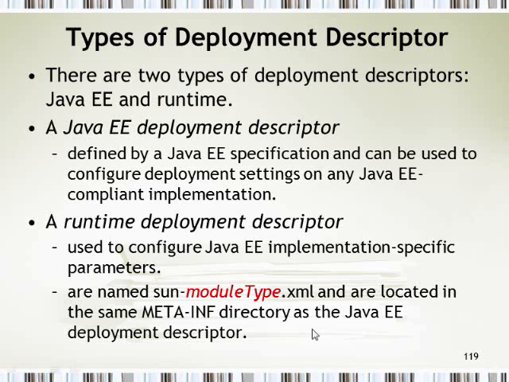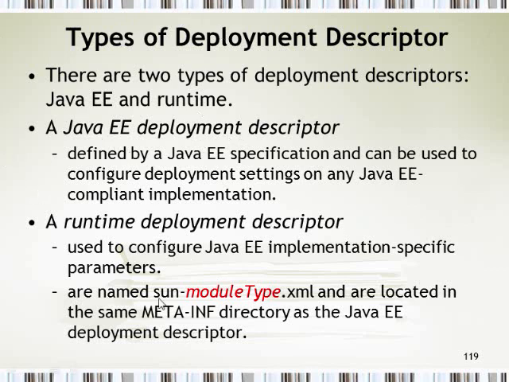So these are server dependent, whereas the other one is for the component. If you want to do some settings with the component itself, regardless of the server on which it is running, then we use the Java EE deployment descriptor. If it is for the specific server, you can write it here.